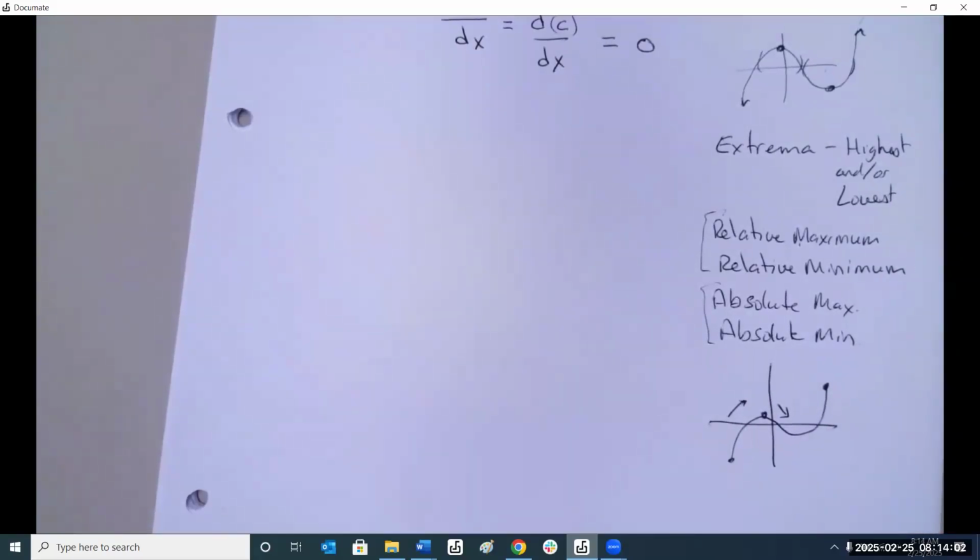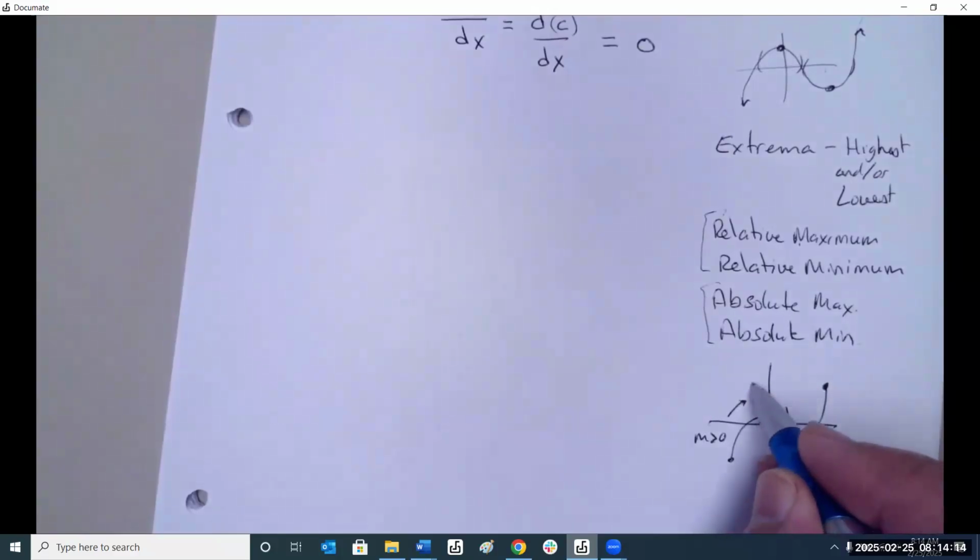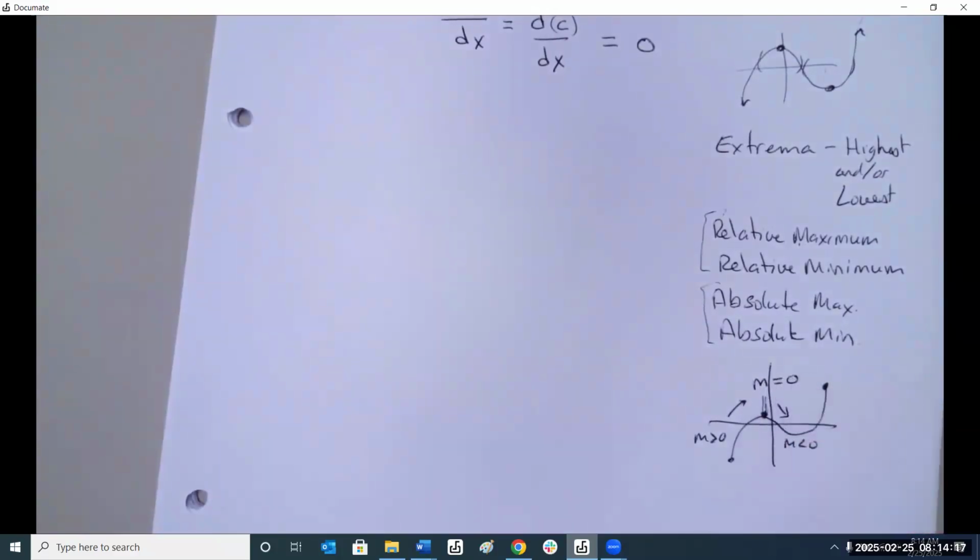So if the slope is positive on one side and negative on the other side, so this slope is positive, this slope is negative, that means at this point, what should the slope be? 0. Because you go from positive to negative, it eventually has to go to 0 first.